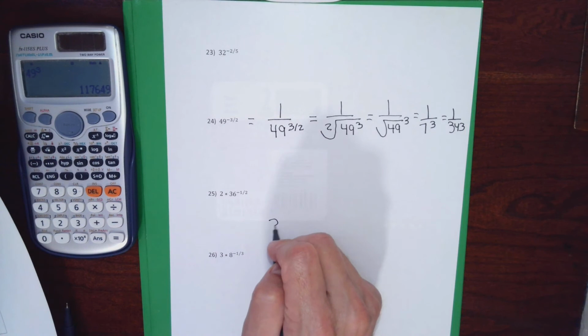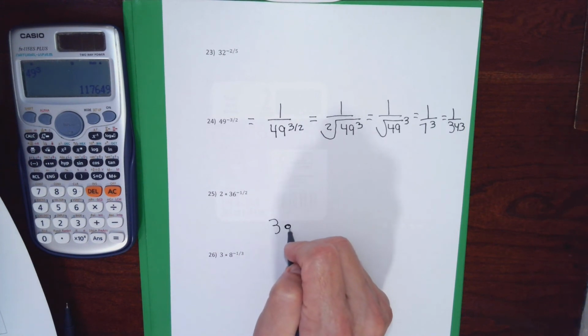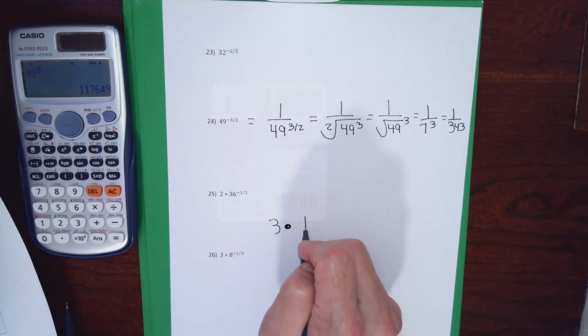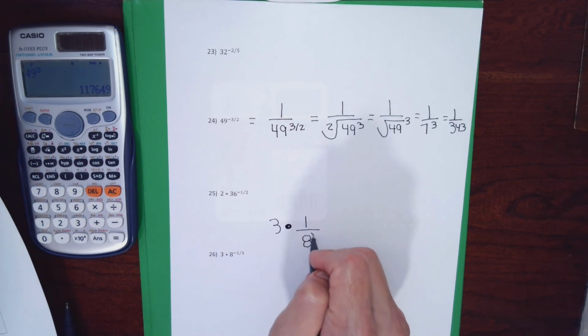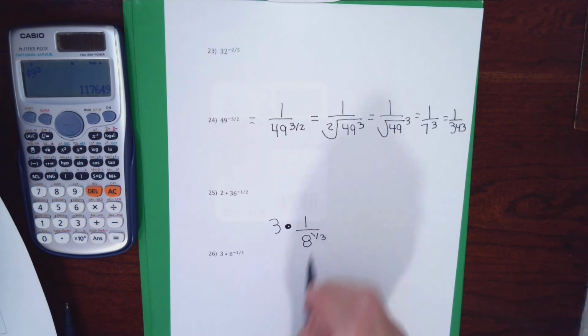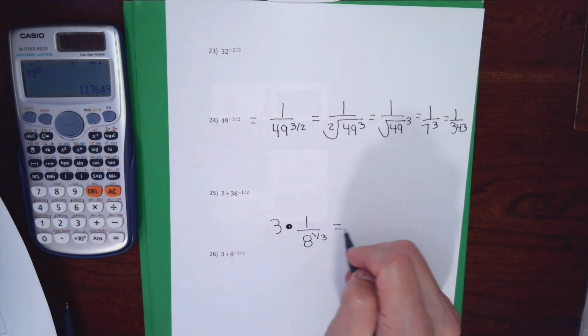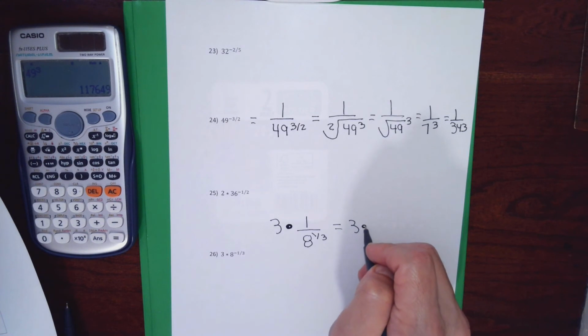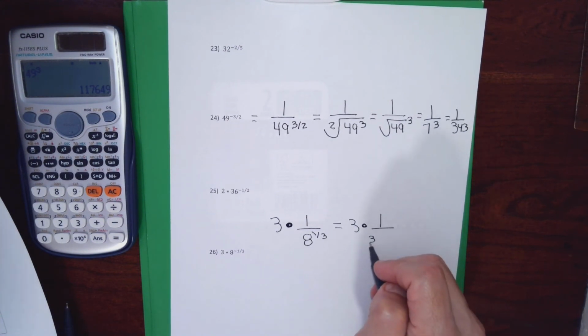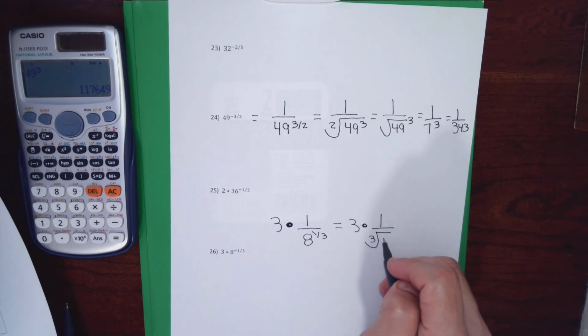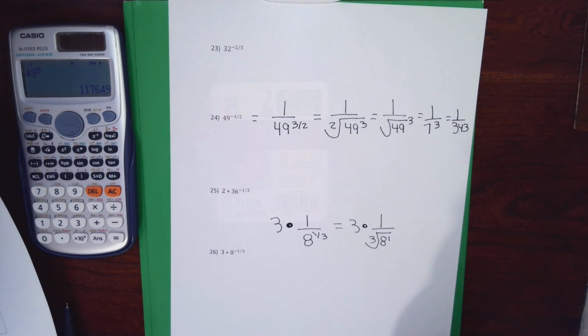For 26, I need to make the negative exponent positive by creating a fraction with a 1 in the numerator. I keep the coefficient of 3 separate. The 8 to the 1/3 power, I could make it have a radical. It'd be the cube root of 8 to the first, which is really just the cube root of 8.